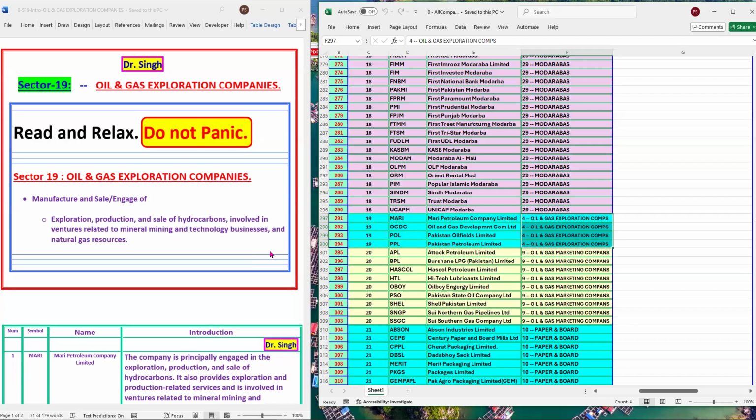And through the internet, you don't have to be in the US to learn what is going on in the USA, or live in London to know what's going on in London, right? So even if I say it for Pakistan, it applies to every country. They have their own companies, right? All right, so these are the 4 companies we have.